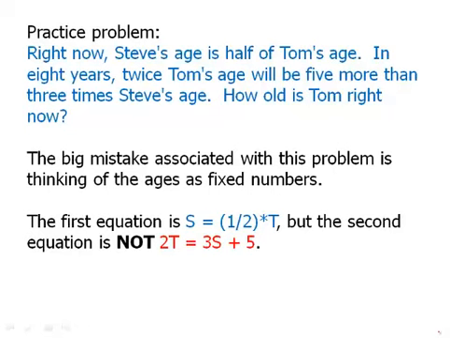We can't say that because in 8 years, the ages will be different, and we need to take that into account. It's not enough to say that T is Tom's age. We have to specify Tom's age when.